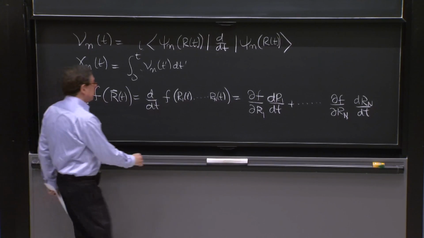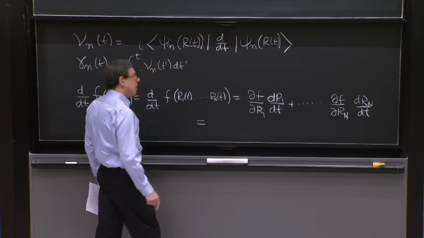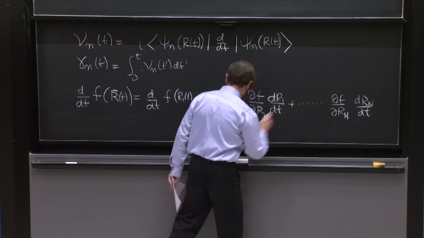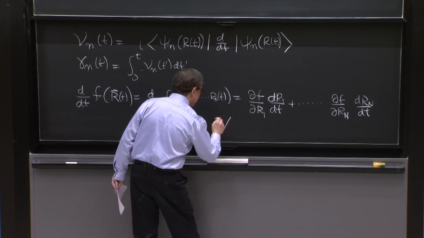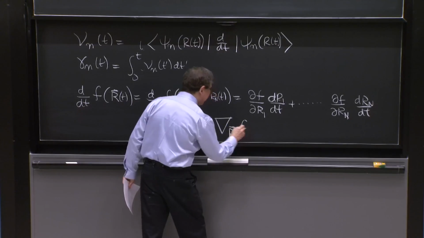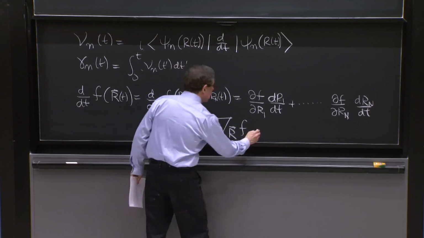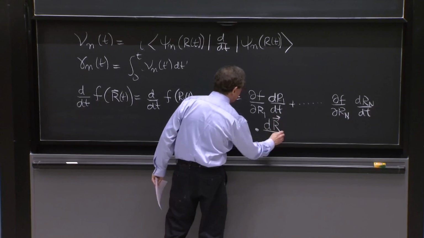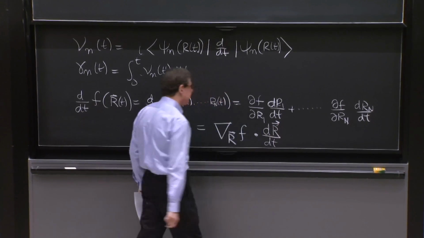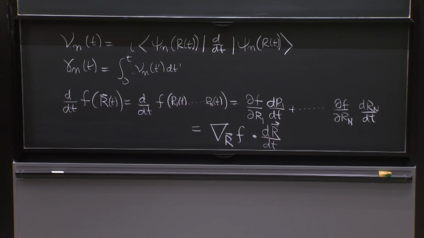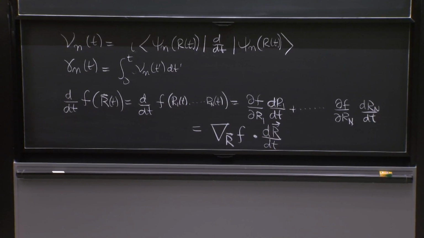But this can be written in a funny language, maybe not so funny, as the gradient sub r vector of f dotted with dr vector dt. See, the gradient in general is ddx1, ddx2, ddx3.